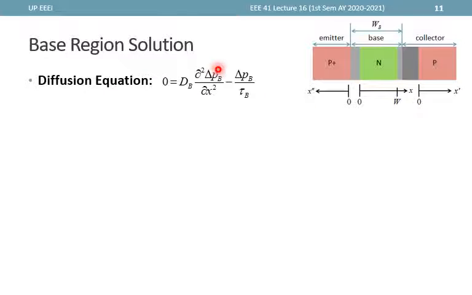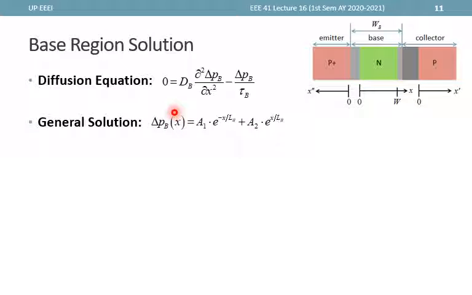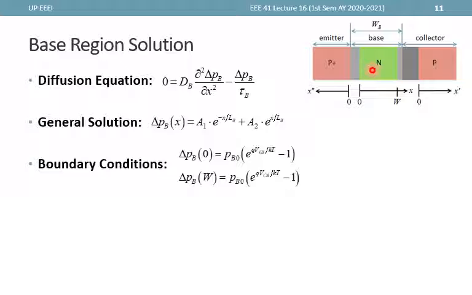So now for the base, again, we have the same form of the MCDE and therefore end up with the same form of the general solution, although note that this time we are writing in terms of x and the diffusion length is LB, and what we're solving is delta PB at the n-type base. What makes this region more complex is that the other end is no longer always 0.